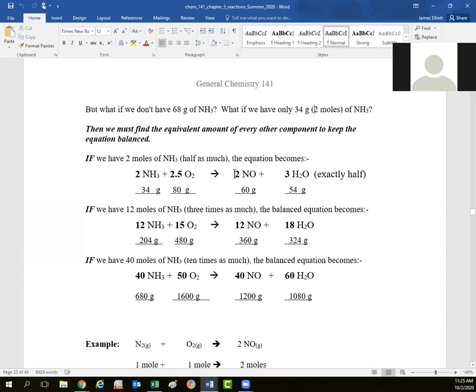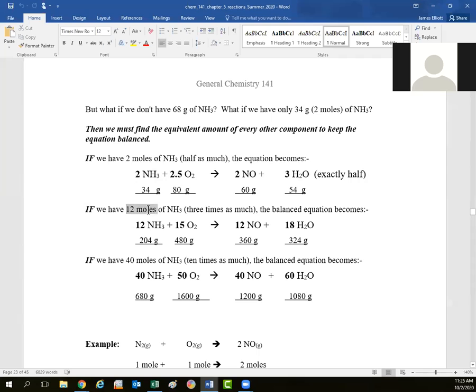We'd only produce 50% of the nitric oxide, 2 moles instead of 4, and 50% of the water, 3 moles instead of 6. So if we know how many moles we have of one of the reagents, assuming we have an excess supply of everything else, on a molar scale, we can work out these reduced proportions.